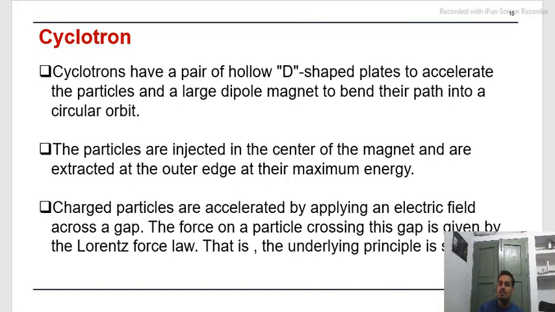When a particle is injected in the center of the magnet, it starts accelerating towards the D's due to the electric field, and then due to the magnetic field, its path becomes circular, and then again it enters the gap between the D's, which is again accelerating in nature. Charged particles are accelerated by applying an electric field across the gap, and the force on the particle crossing this gap is given by the Lorentz force law, which is the underlying principle of the cyclotron.